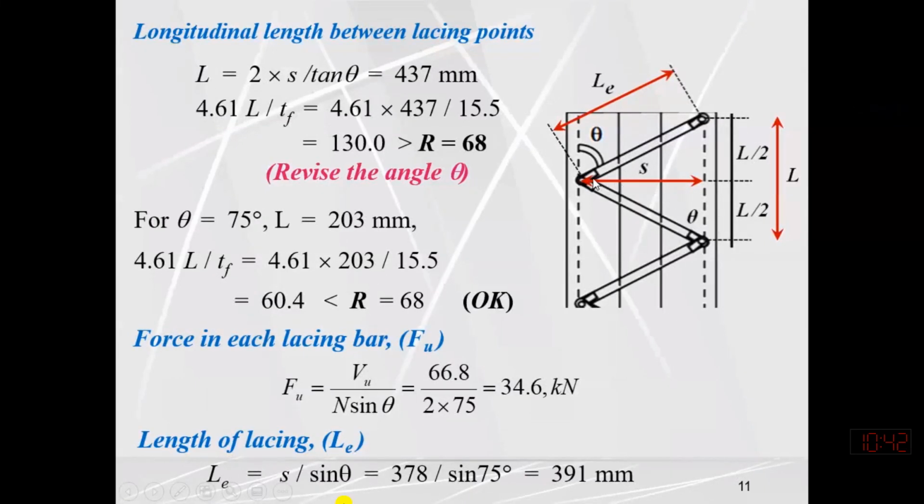If you know this S value and this angle, and this angle will be the same, then this value from here to here will be equal to A by 2 or L by 2. So S, which is the perpendicular, divided by A by 2 or L by 2 must be equal to tangent theta. So we can also compute the maximum length of the unconnected portion of the flange plate for a single section.